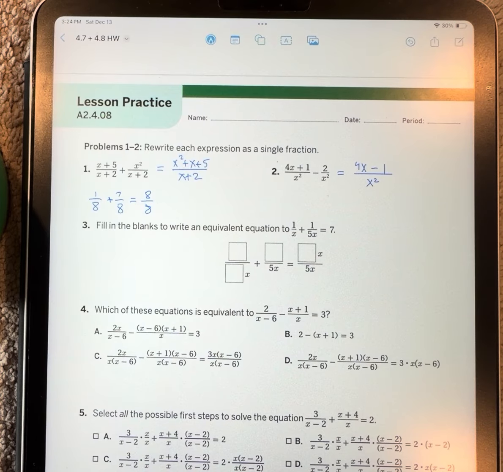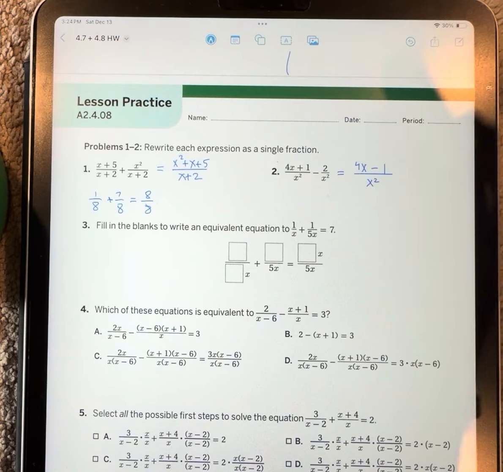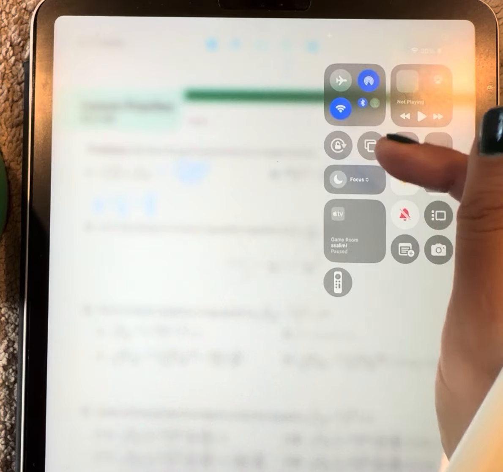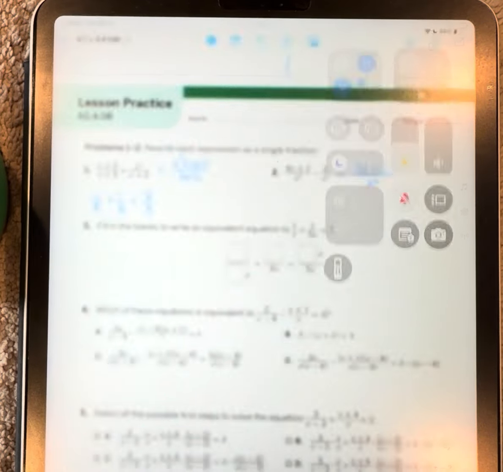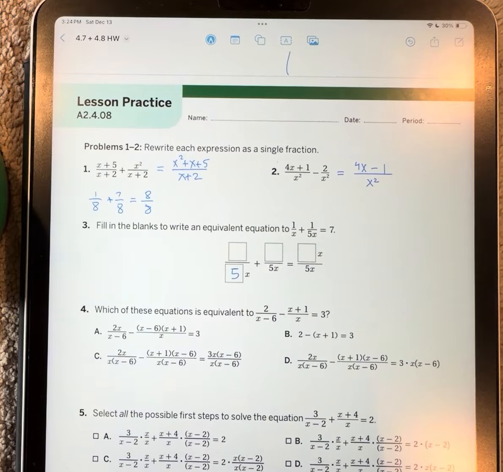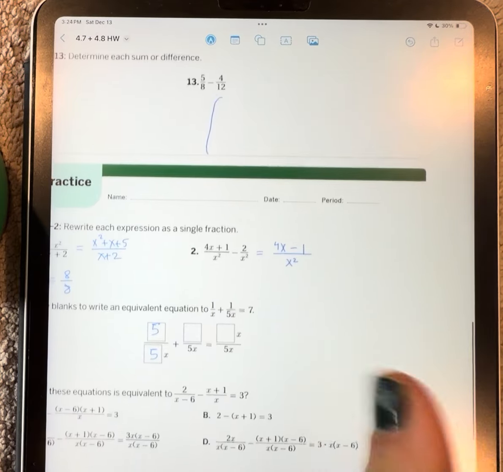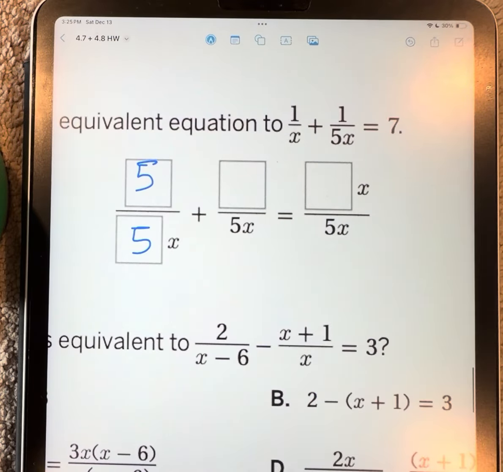Okay. Okay, it looks like what they're doing, if I'm not mistaken, is getting a common denominator. So if I'm not mistaken, what they did was go to each of these fractions and have them become a 5x on the bottom.